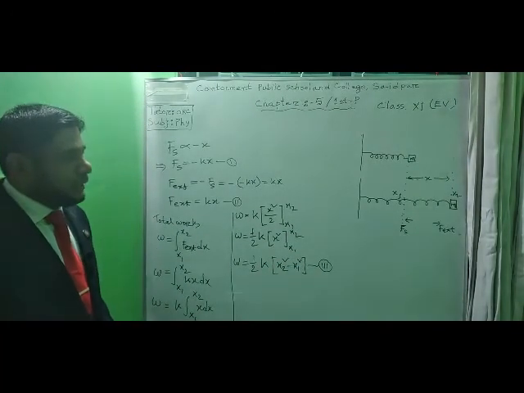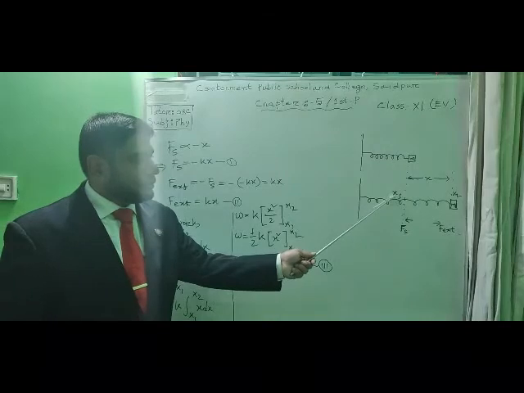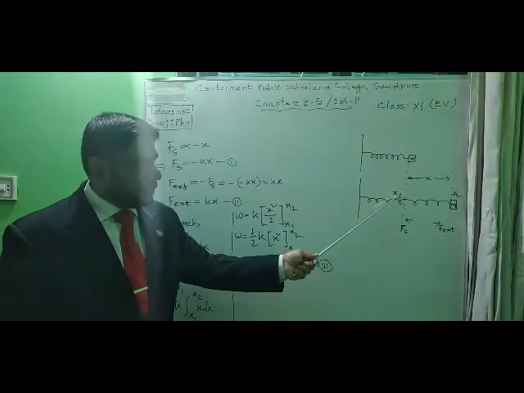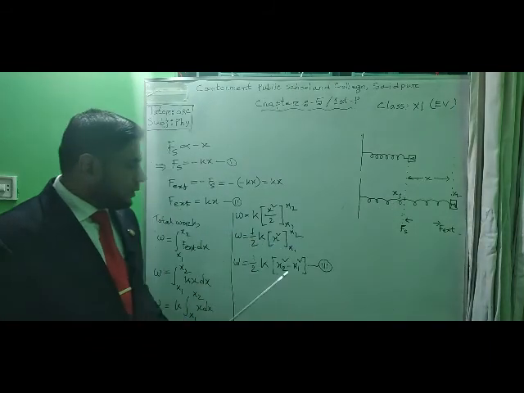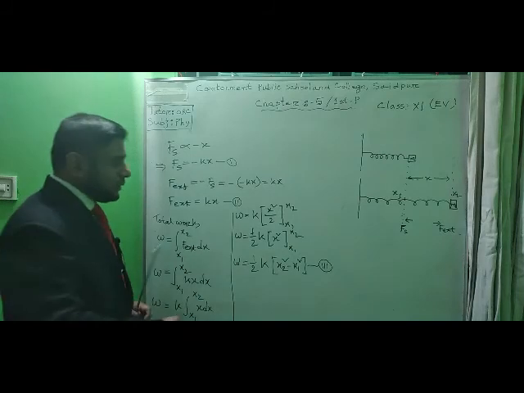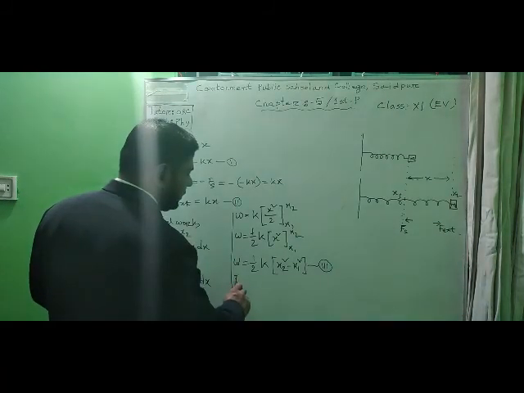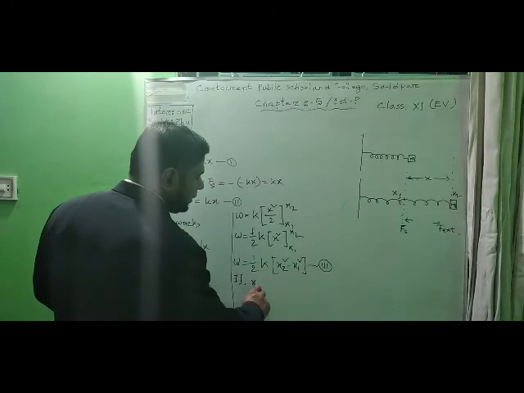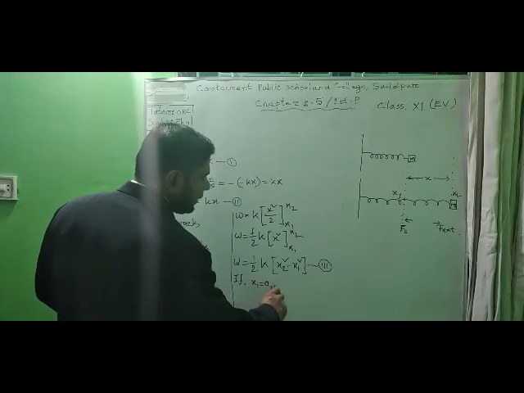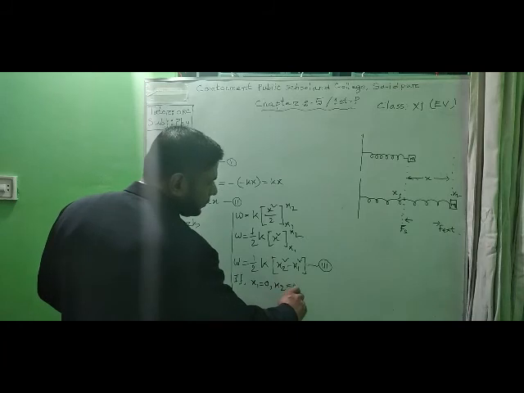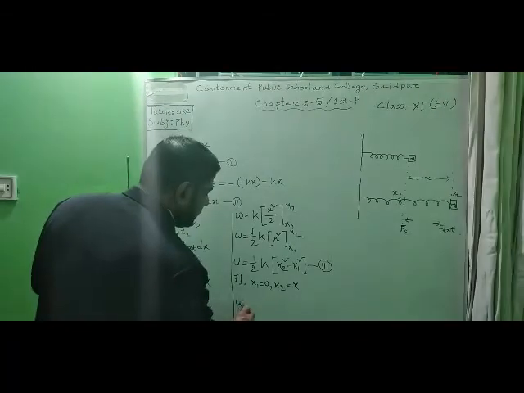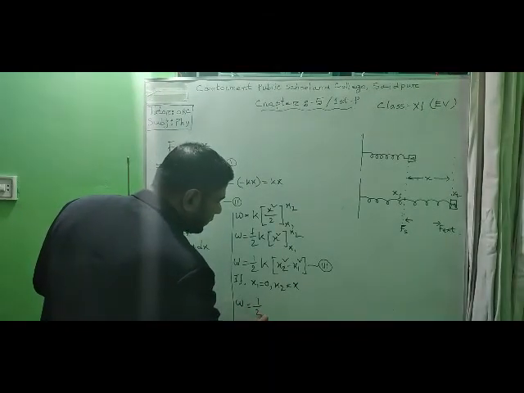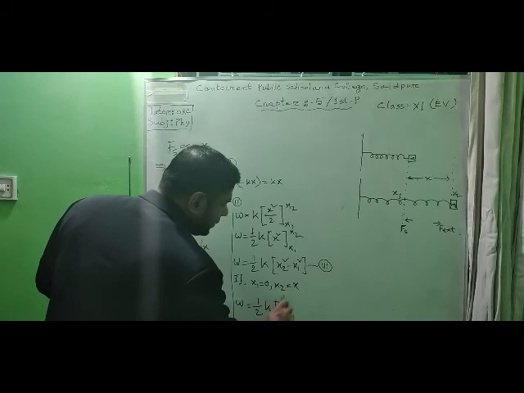And if we assume that the initial position, the value of x1, is 0 and the final position x2 is equal to x, then we can get another equation. Suppose x1, the initial position, was 0 and x2 equals x, then from equation 3 we get W equals half k, x square minus 0.